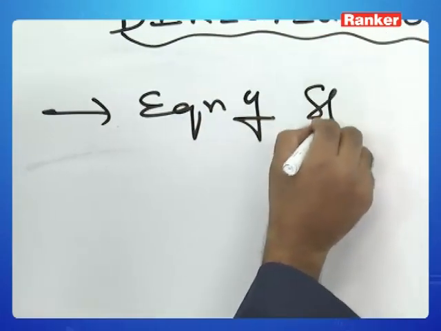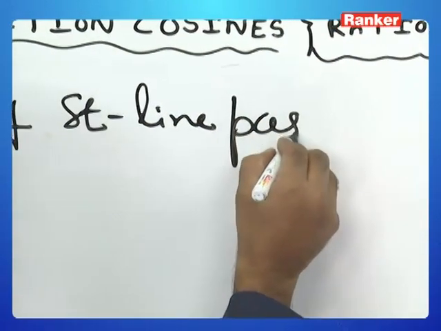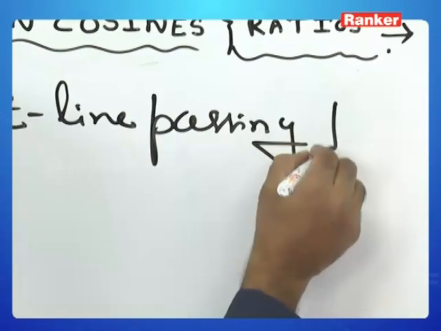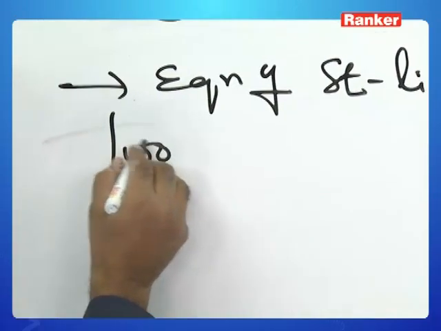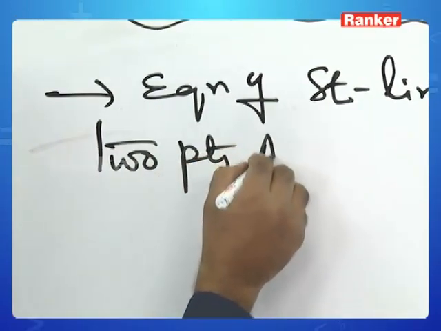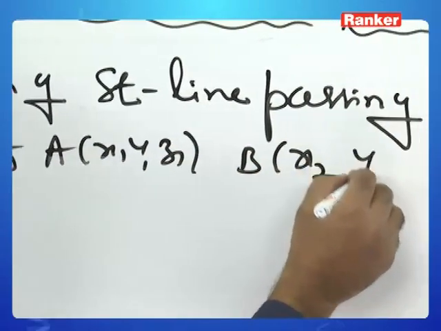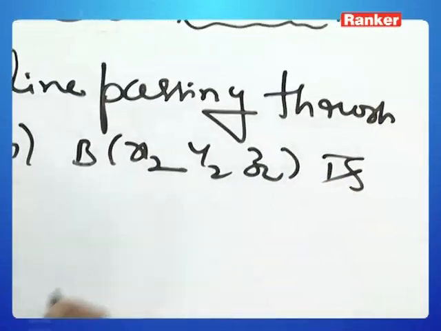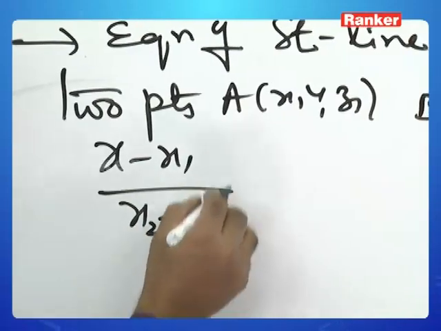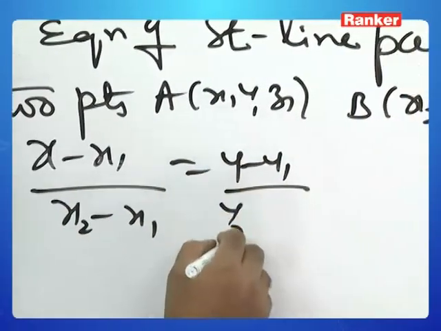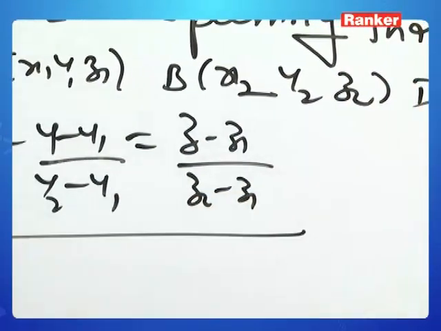equation of straight line passing through 2 points A of x1, y1, z1, B of x2, y2, z2 is given by (x minus x1) by (x2 minus x1), (y minus y1) by (y2 minus y1), (z minus z1) by (z2 minus z1).